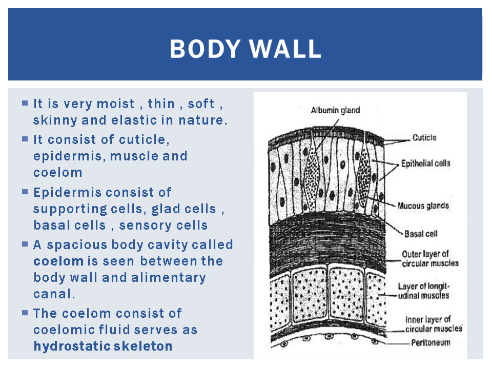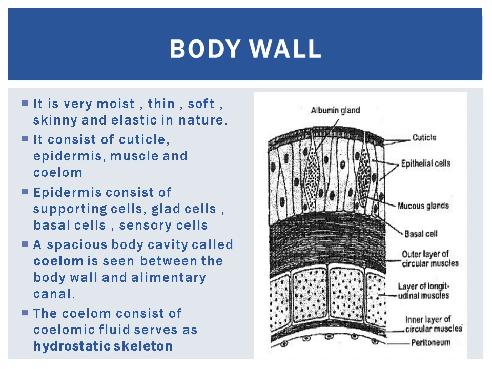Then the epidermis consists of supporting cells, gland cells, basal cells as well as sensory cells. Look at the picture. The second layer is marked as epithelial cells. Already we said epithelium means a covering, right? We learned it in the tissue area. So what special cells do these epithelial cells consist of?